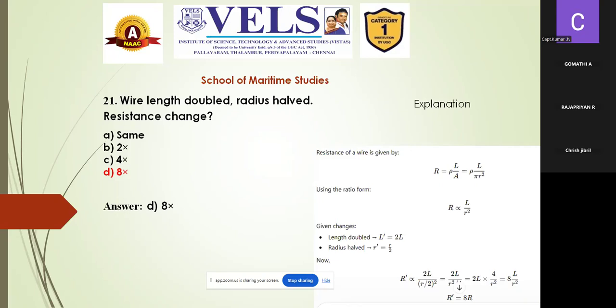We are going to find out the ratio of R dash by R. R dash is equal to 8 into R. So the resistance change is 8 times, option D, 8.